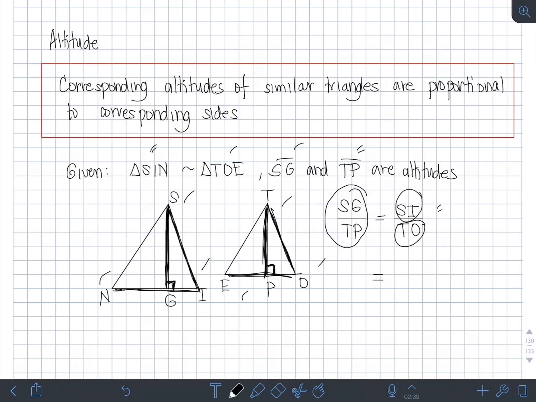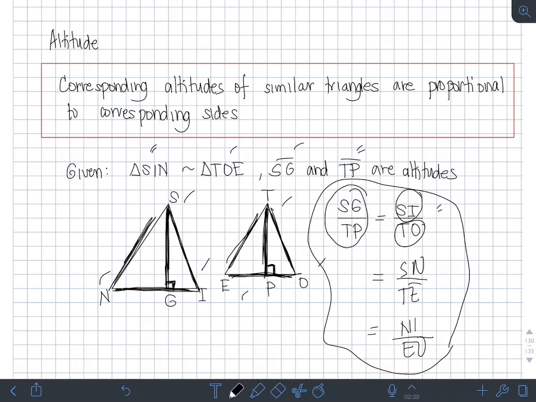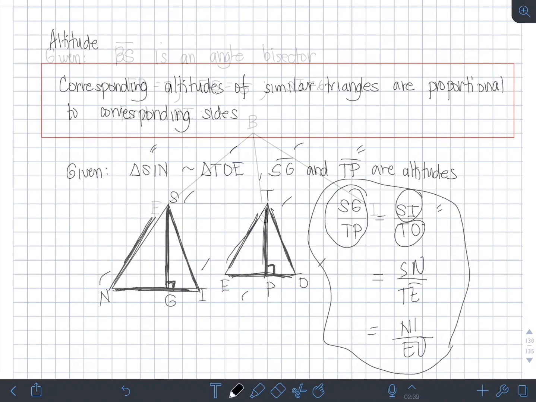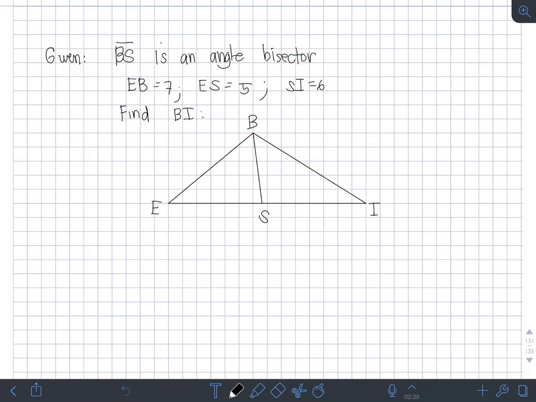So again, depende sa problem, pwede ring equated to sa ratio ng other corresponding sides. Let's say SN over TE or NI over EO. Okay, so ito yung equation natin kapag meron tayong altitudes ng dalawang similar triangles. Okay? So let's solve some examples para ma-illustrate natin yung theorems na ni-discuss natin.